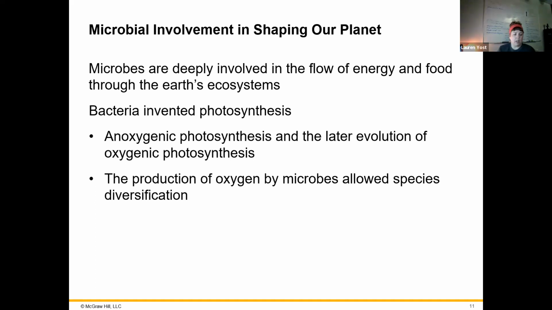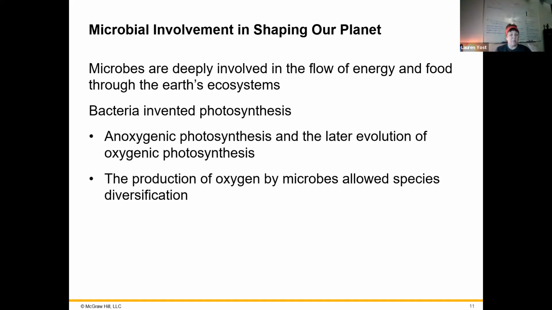Bacteria did it first, and they used to do it in a way that did not make oxygen. But eventually, changes in their genome and evolutionary changes enabled them to make oxygen as a product, and then other organisms could come into existence as oxygen built up in the atmosphere and could be used more effectively by larger organisms that needed oxygen to survive.